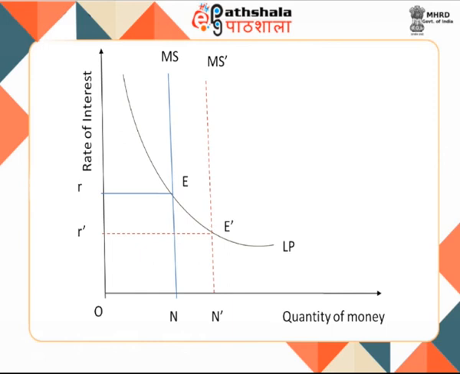The people would react to this excess quantity of money supplied by buying bonds. As a result, the bond prices will go up, which implies that the rate of interest will decline. Thus, an increase in money supply leads to the fall in rate of interest.